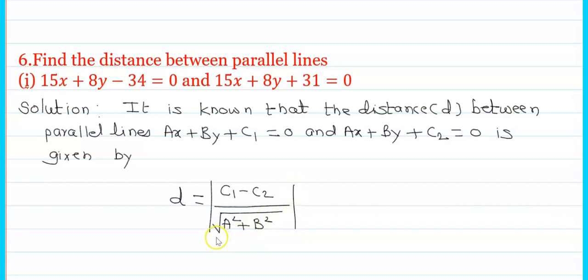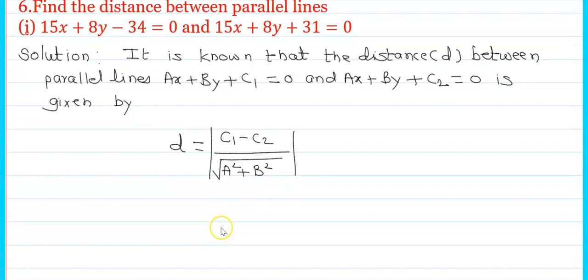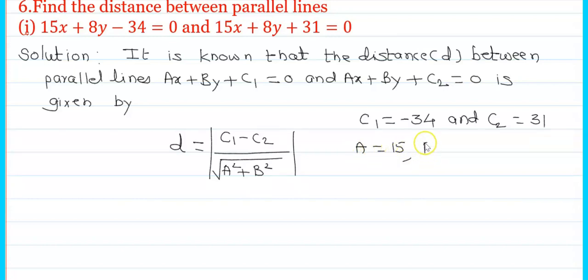Okay, now substitute the values. We have for the first line c1 is minus 34, and for the second line c2 is 31. a and b are common for both lines. a is 15, b is 8.